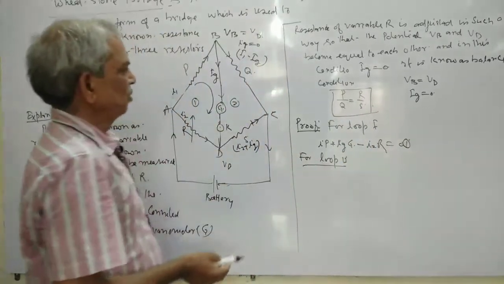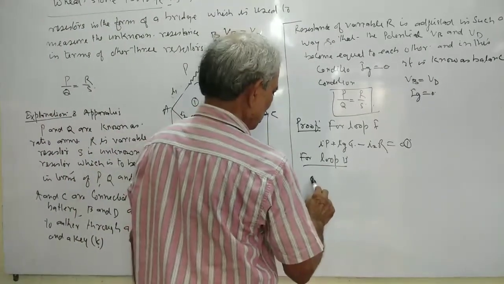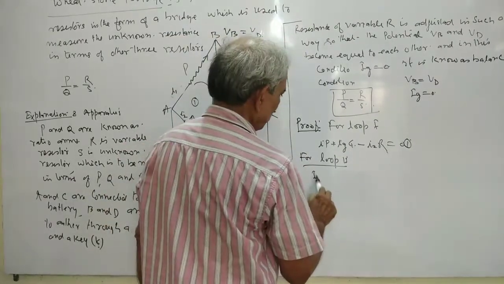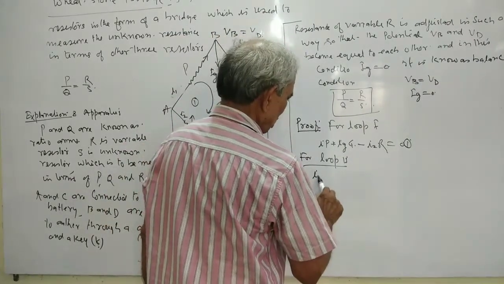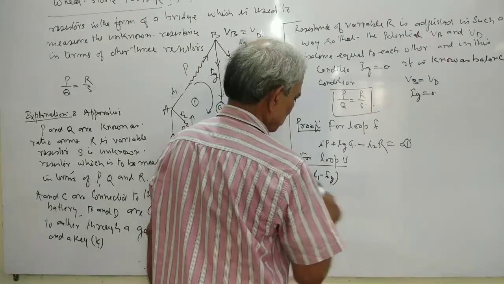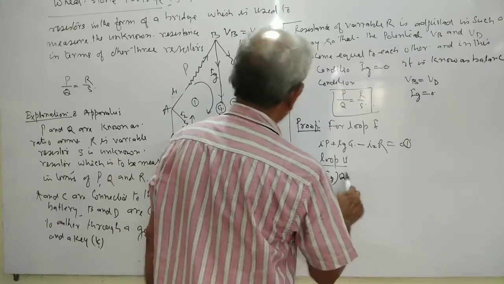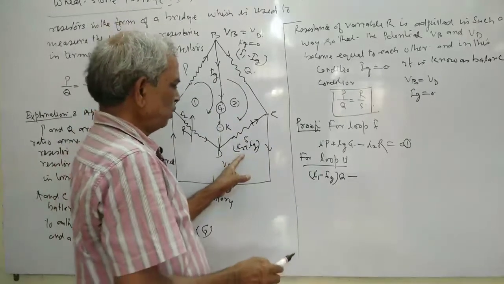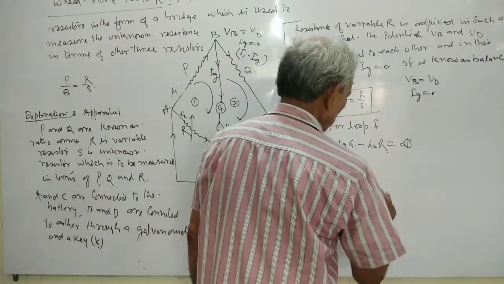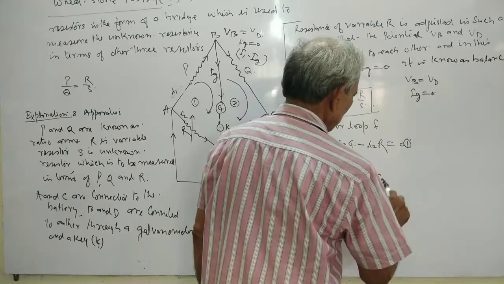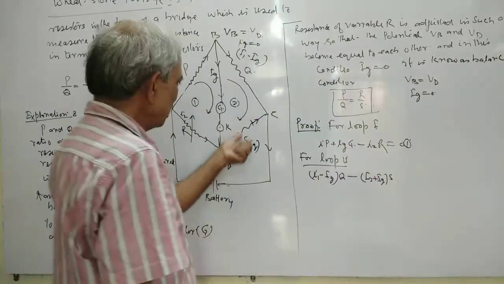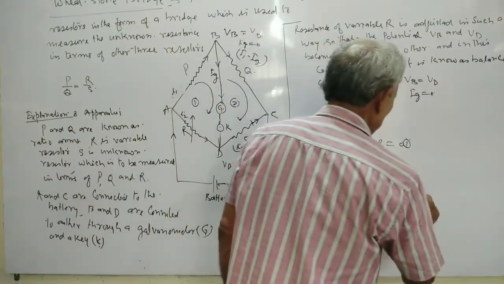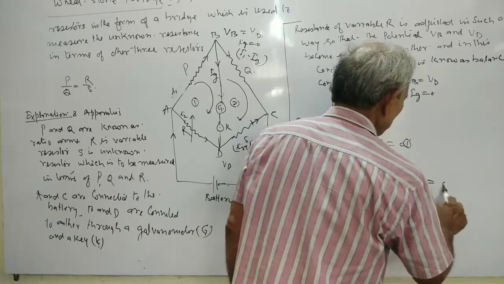For loop second, this one, Q into I1 minus Ig, minus I2 plus Ig into S. Again minus, because this is against, minus Ig into G is equal to 0.